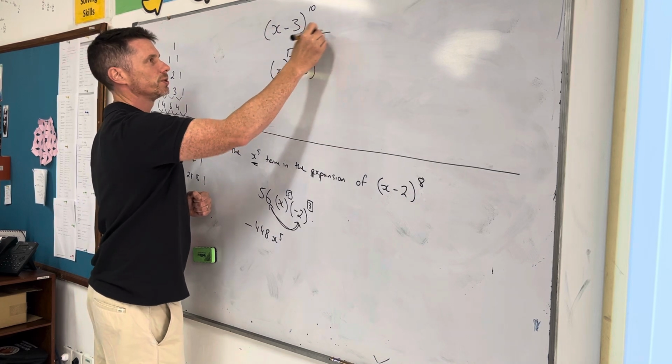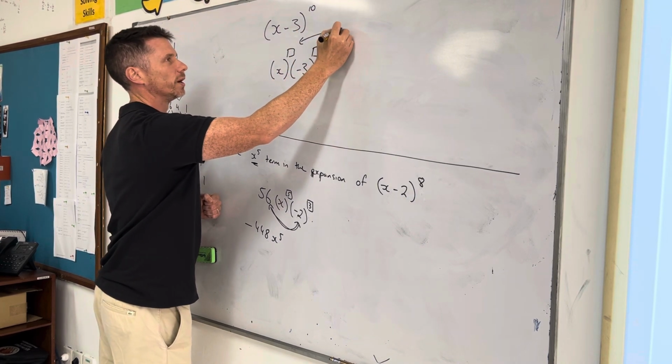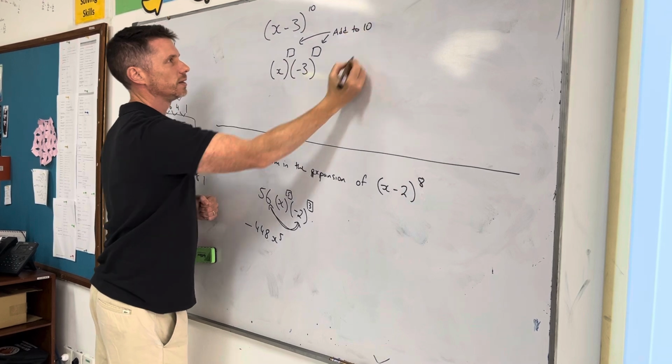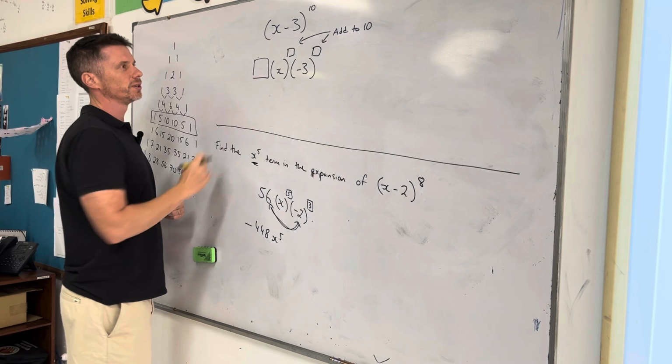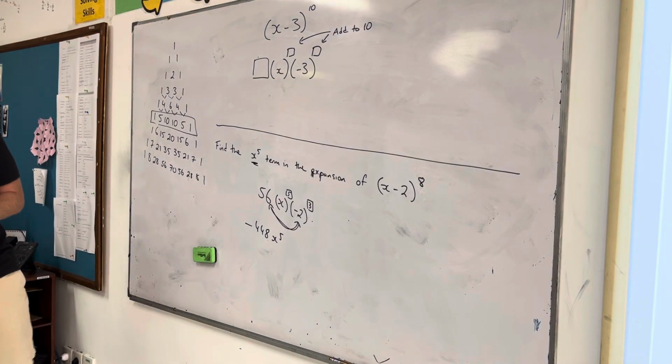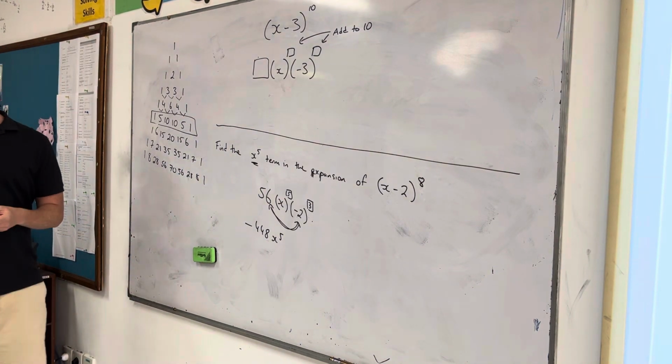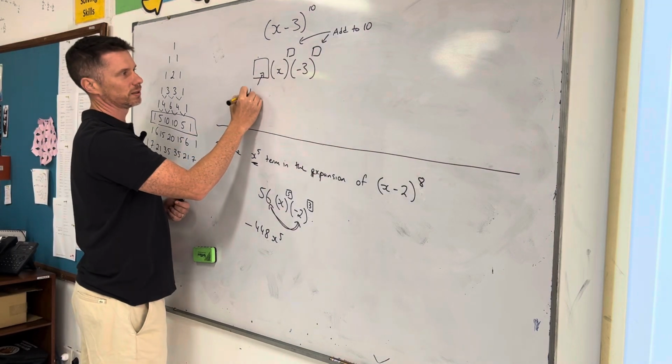These two powers add to what? Add to 10. And this number in front, this coefficient in front, what can I say about it? You can get it from Pascal's triangle, if you want.